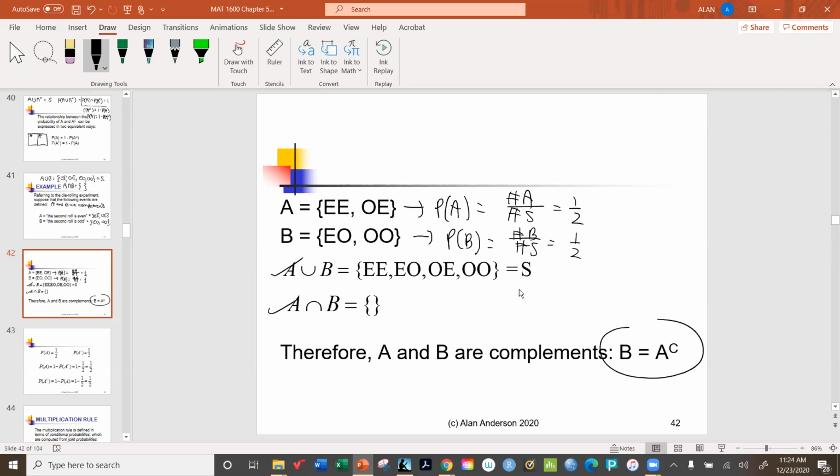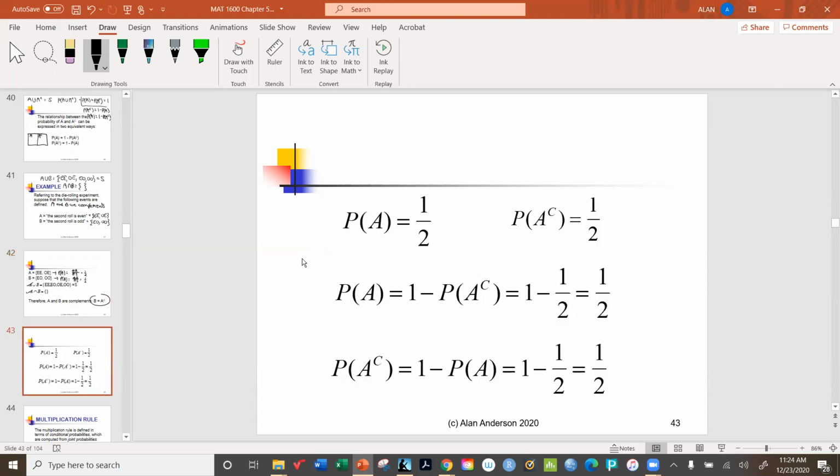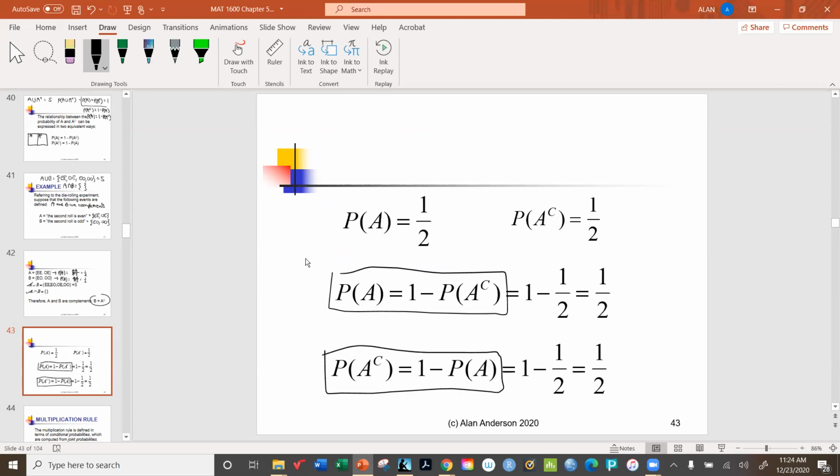Therefore, B is A complement. And so if I need to calculate the probability of A or B, or vice versa, or just calculate one from the other, I can use either expression of this complement rule. And you can see it works out because here, this is saying that 1 minus 1/2 must equal 1/2, and vice versa.